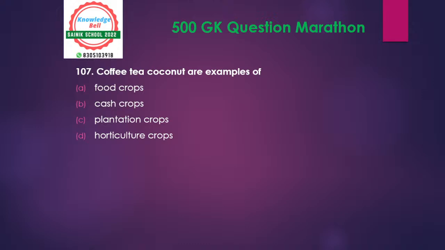The next question after this, question number 108. The question number is repeated, but it's fine. Coffee, tea, and coconut are examples of what kind of crop?